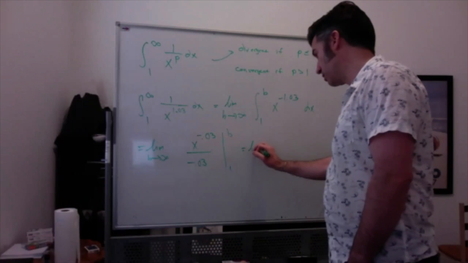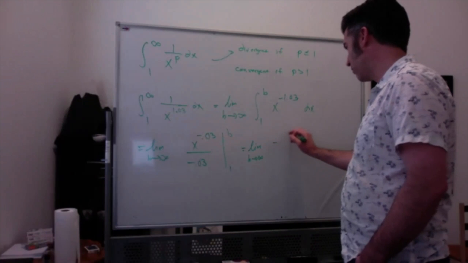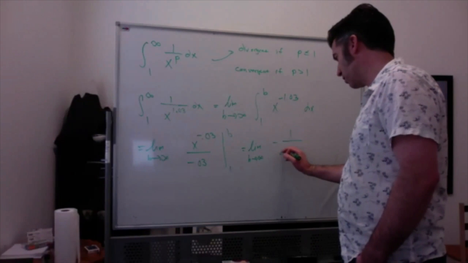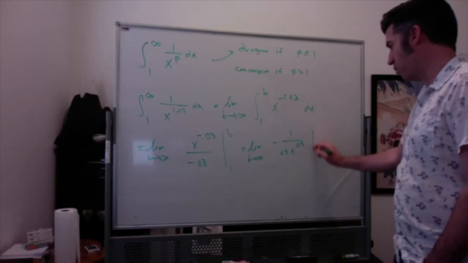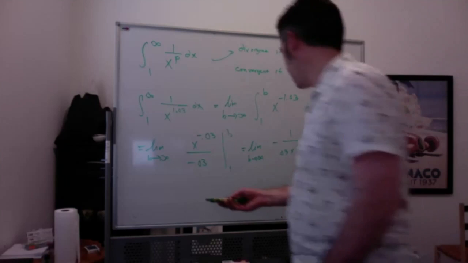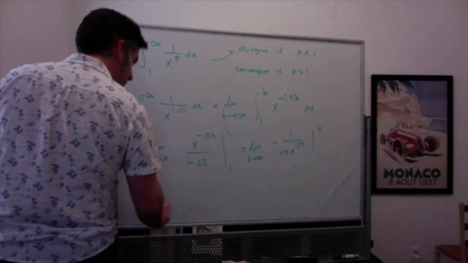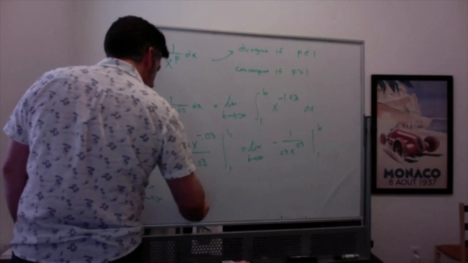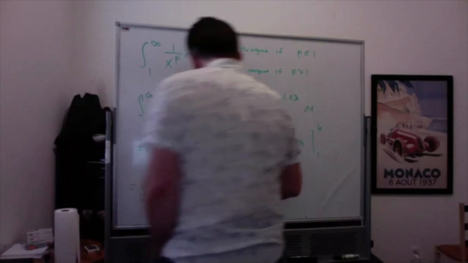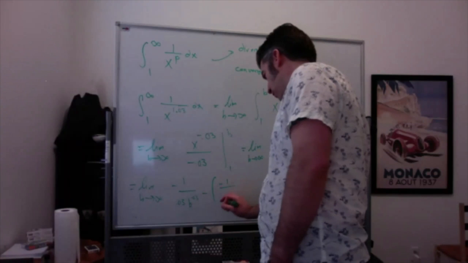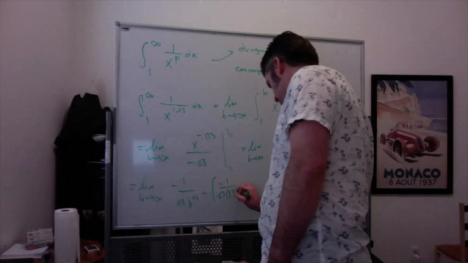So it's going to be the limit as b goes to infinity of negative 1 over 0.03 times x to the 0.03 from 1 to b. And then the limit as b goes to infinity of negative 1 over 0.03b to the 0.03 minus negative 1 over 0.03 times 1 to the 0.03. Now check this out.